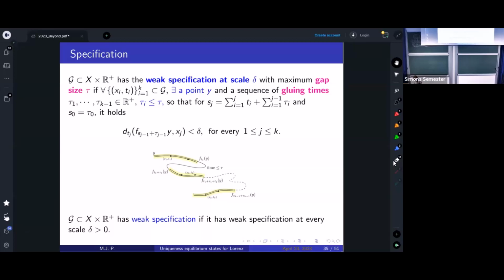That's why it's called weak specification. It's at scale delta because you want the shadowing to be smaller than delta. We say that a set contained in the space has weak specification if it has weak specification at every scale.